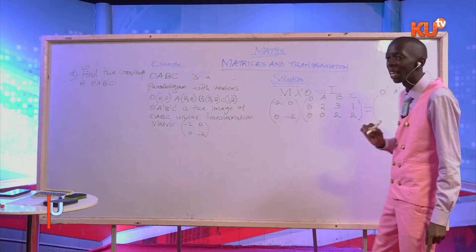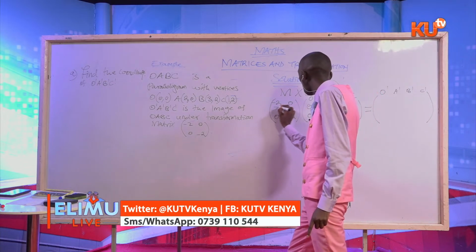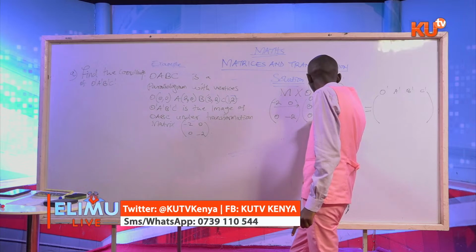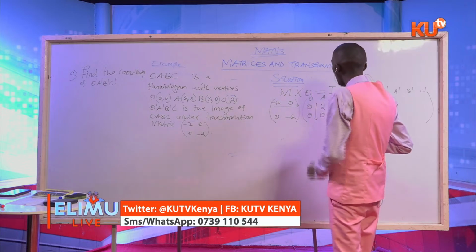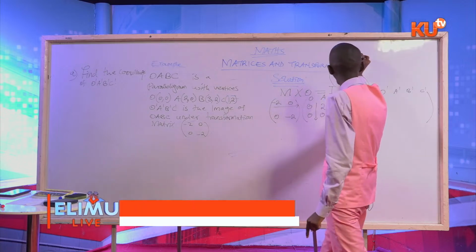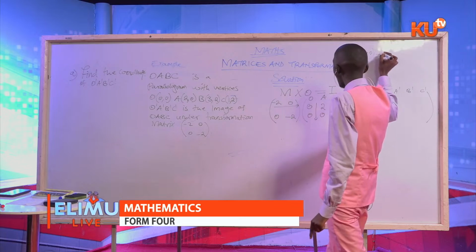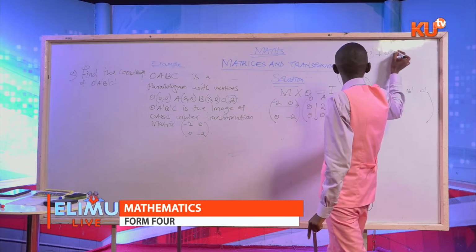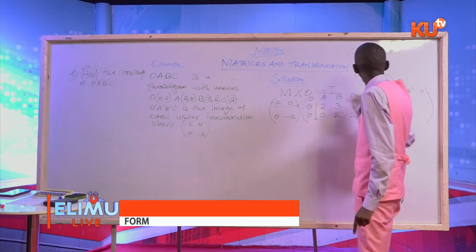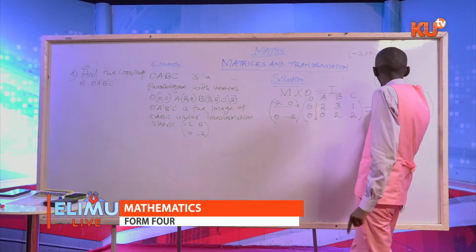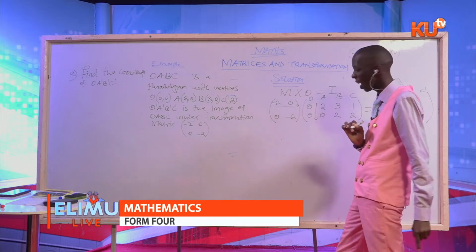Let us begin the multiplication. First row, first column. That is how we multiply our matrix. -2 times 0 plus 0 times 0. -2 times 0 is 0 plus 0 times 0 is 0. That gives us our first digit there.